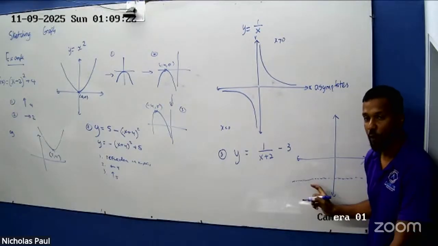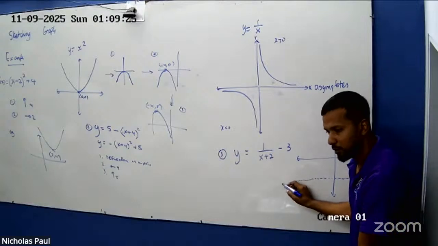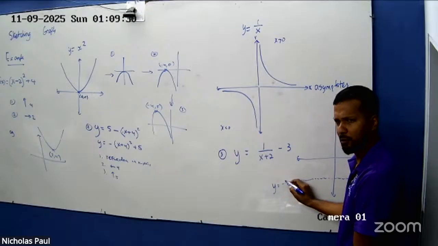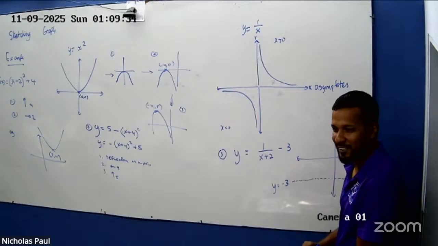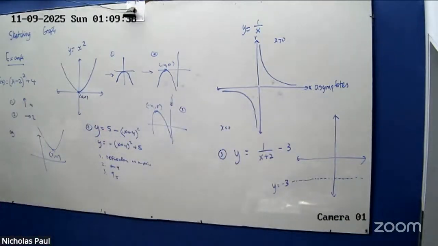What's the equation of that line? Y is minus 3. So the asymptote is y is minus 3.